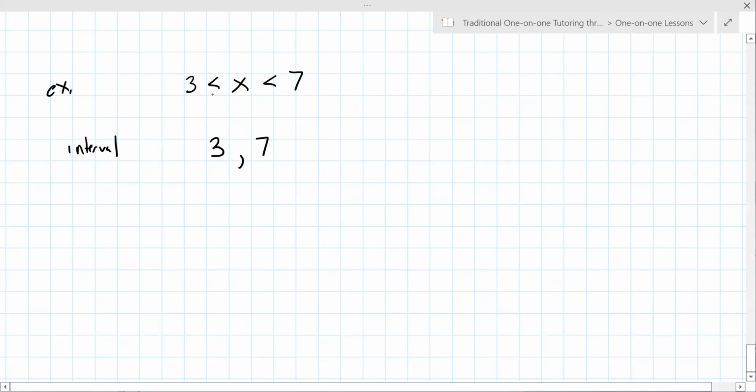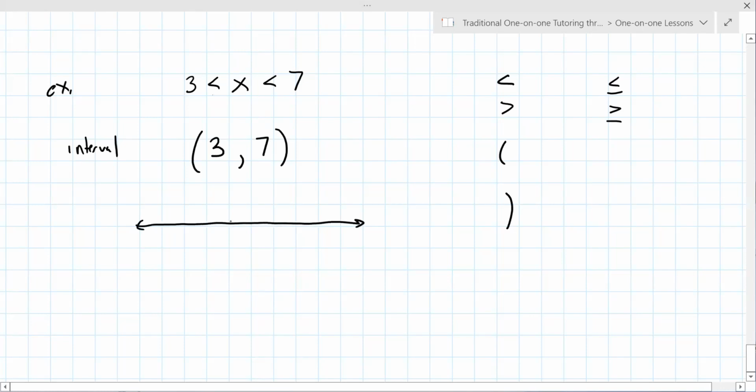And because these are less than and greater than, instead of less than or equal to or greater than or equal to, you use parentheses with these. Okay. And so on a line graph, you're gonna see 3, 4, 5, 6, 7.